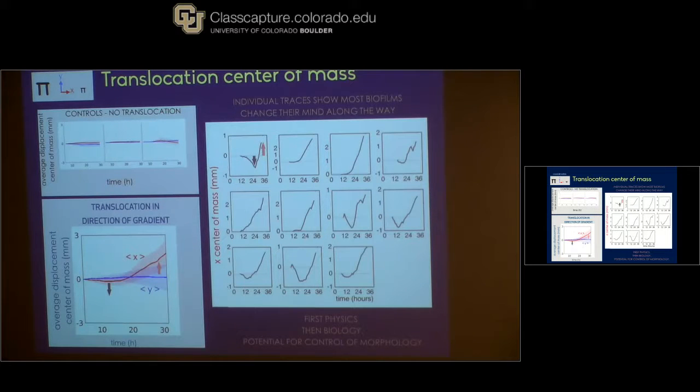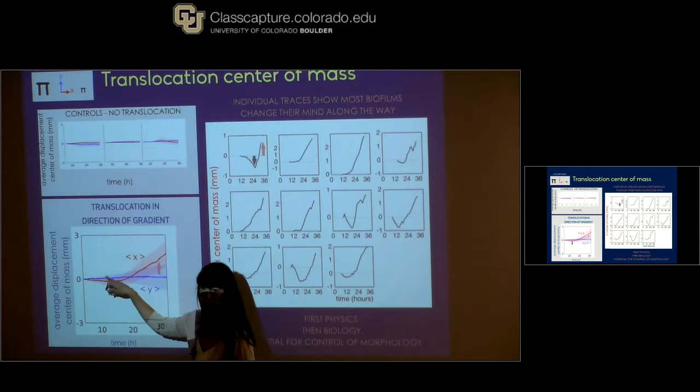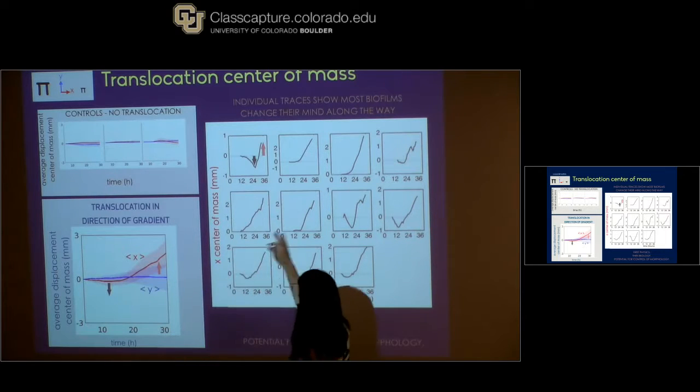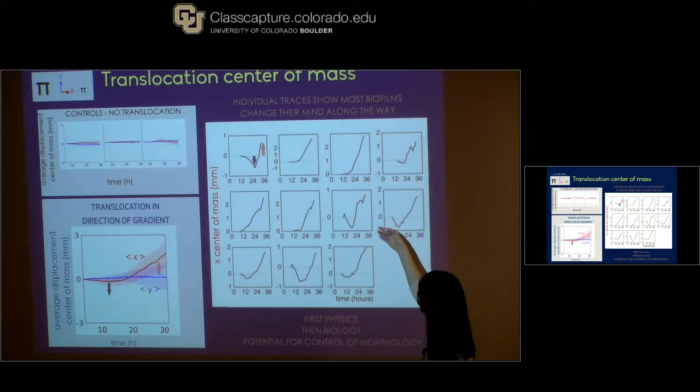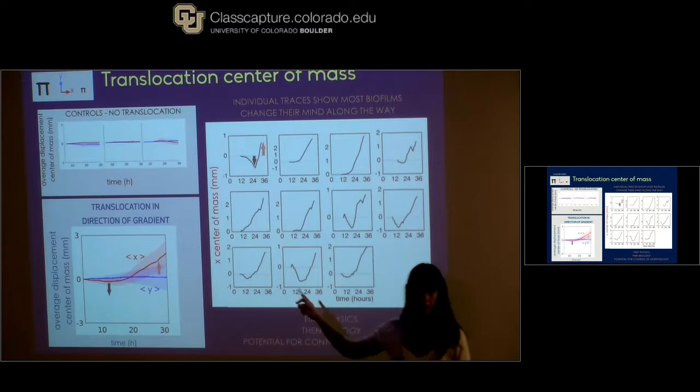And then if you look in slightly more detail at all of our colonies, you see that actually this little bump is real. It's not a statistical accident, but it's real. At least I think I counted 8 out of 11 change their mind. They first go toward large osmotic pressures, negative X, and then they move the other way.